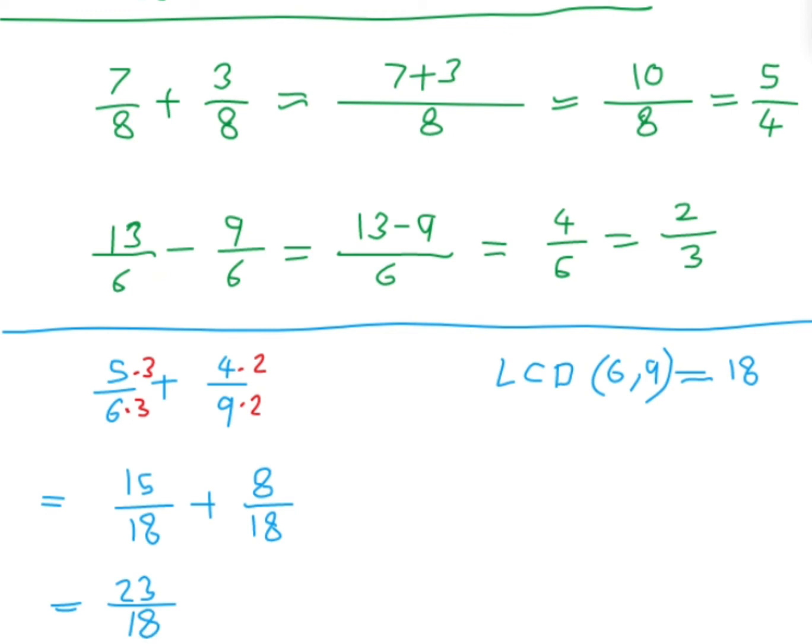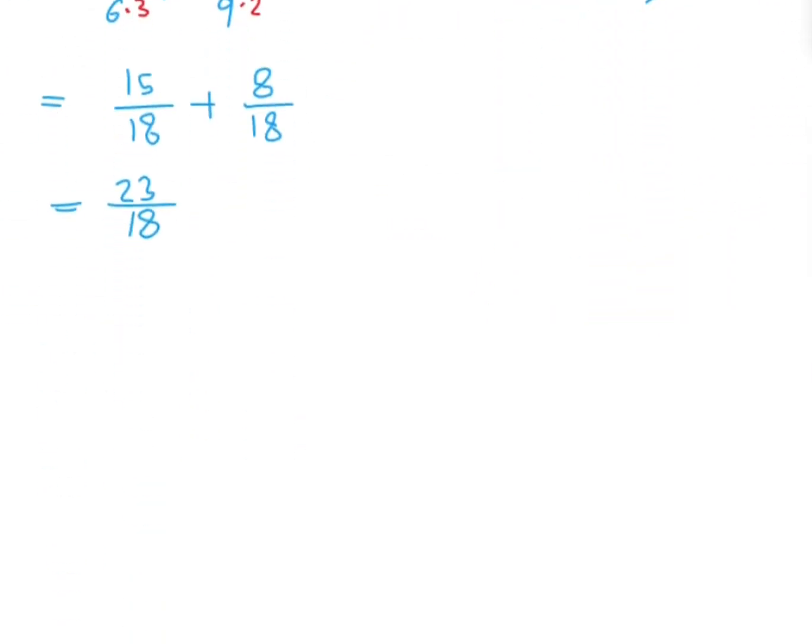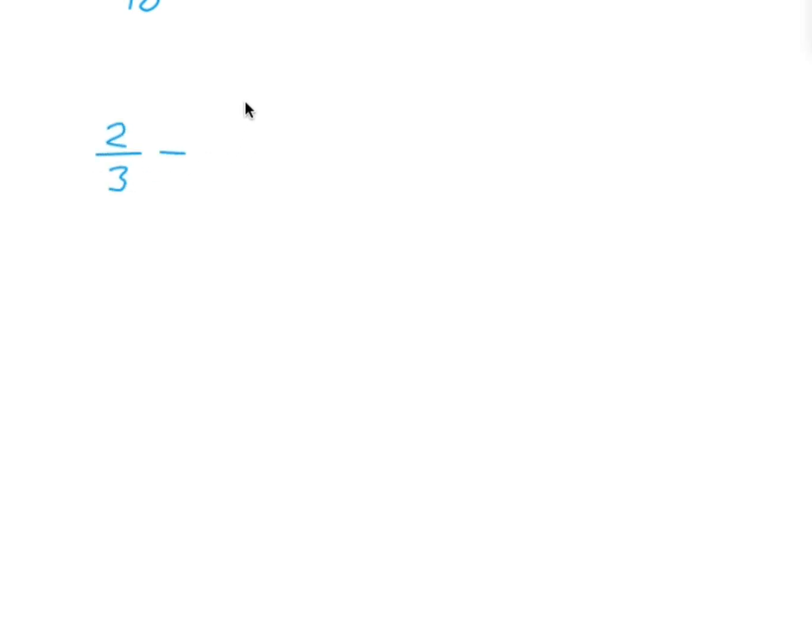I am taking one more question. 2 upon 3 minus 1 upon 6. Here the denominators are different, so we have to make the same denominator first. The least common denominator of 3 and 6 is 6.